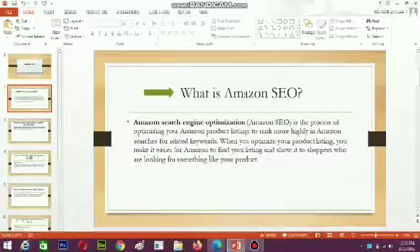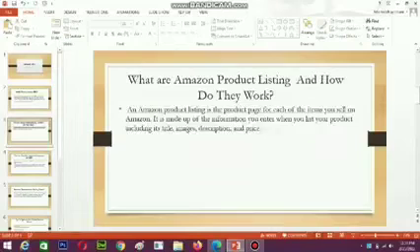So that our listing can be perfect, and the shoppers, the customers who reach our site, can easily make up their mind that they have to buy that thing by seeing our listing when it is already SEO friendly. So now move on to the next slide.